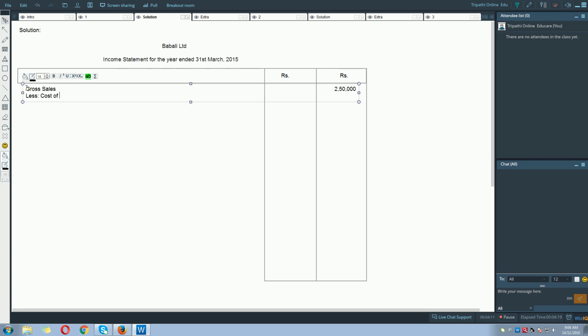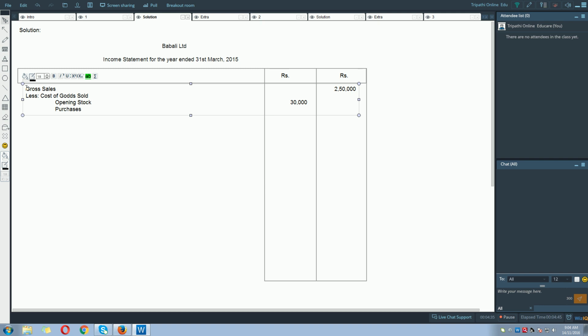Less: cost of goods sold. First we will take opening stock, 30,000.